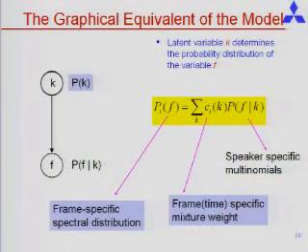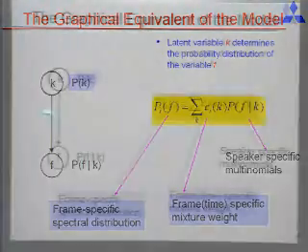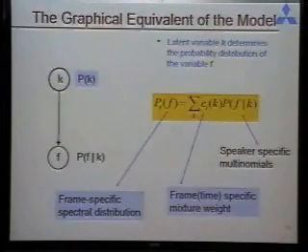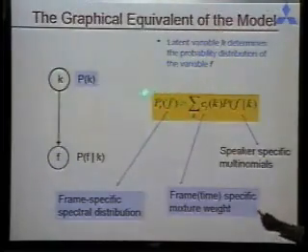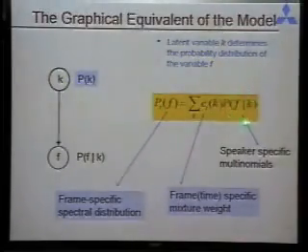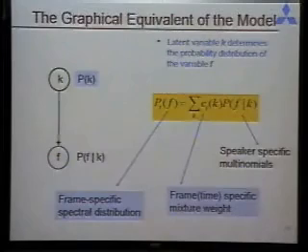The graphical equivalent for the model is you have a first level process which selects an urn, a second level process which selects a frequency from the urn. So this is the overall probability distribution, the model for a spectrum. Note that this is the probability distribution that's supposed to have generated a specific spectrum at the t-th analysis frame. This is a combination of the probability distributions for the individual urns. This is not a function of time. This stays constant.